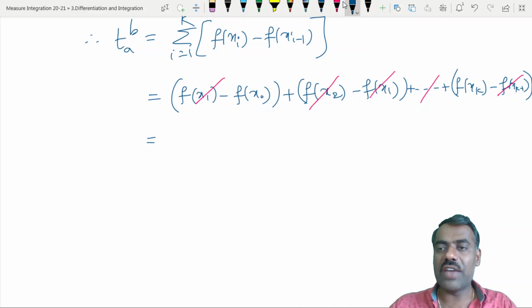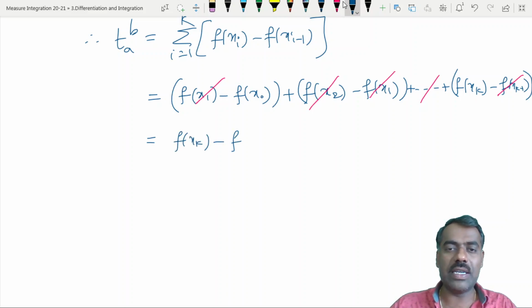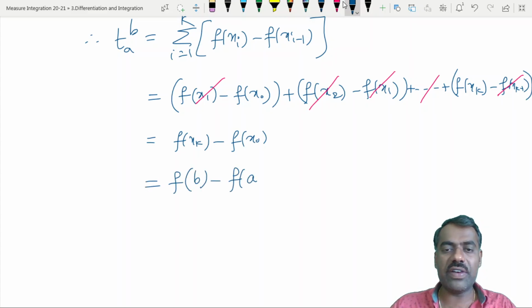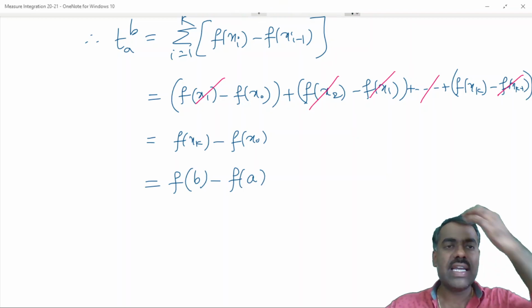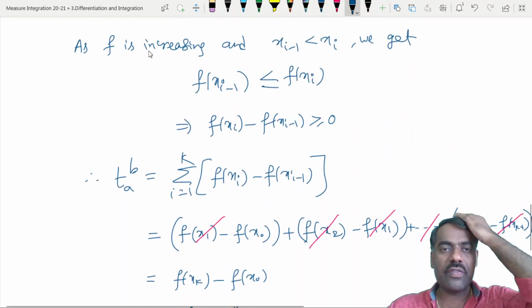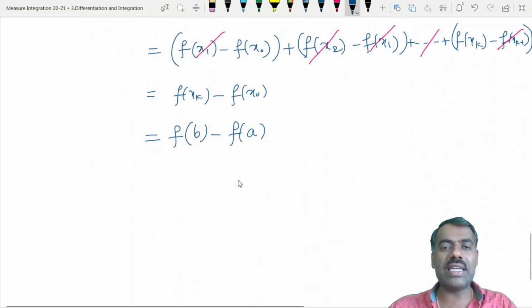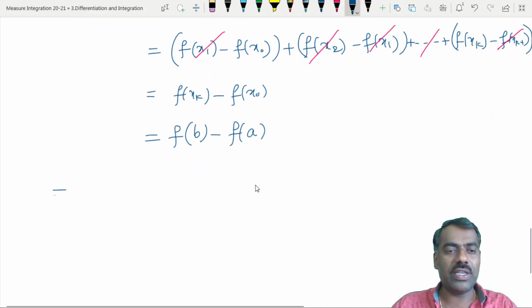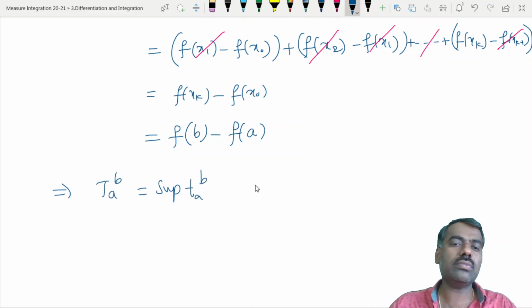Only f of xk, because that won't get cancelled, and f of x naught. But f of xk is our b and f of x naught is our a. So however the partition may be, we are getting that value as f of b minus f of a.